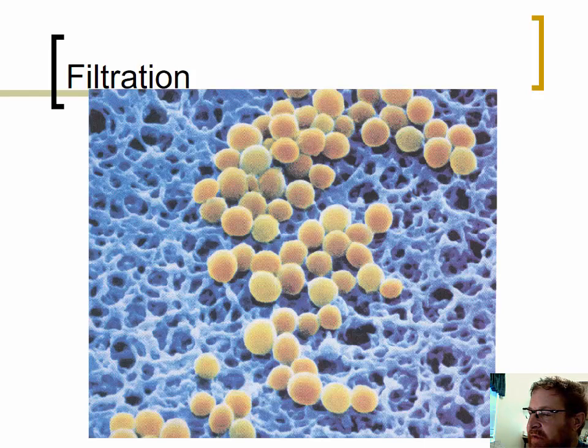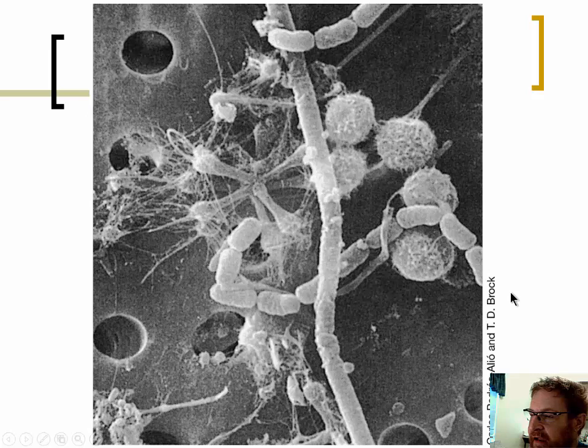Okay. Our last method of sterilization is filtration, and in a way this picture illustrates this pretty well, and that is that the bacteria are going to be trapped on one side of the filter material, and that's how we sterilize something, how we get rid of all the microbes in it, by trapping them on one side of the filter.